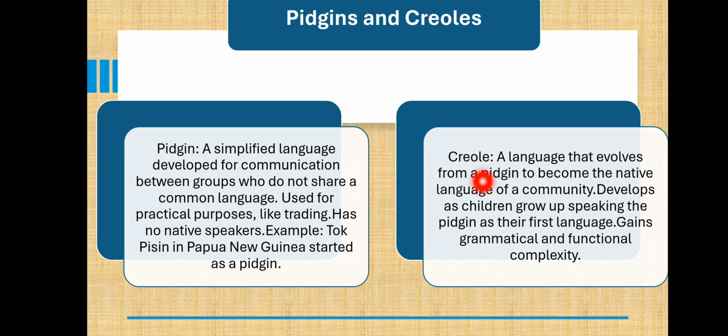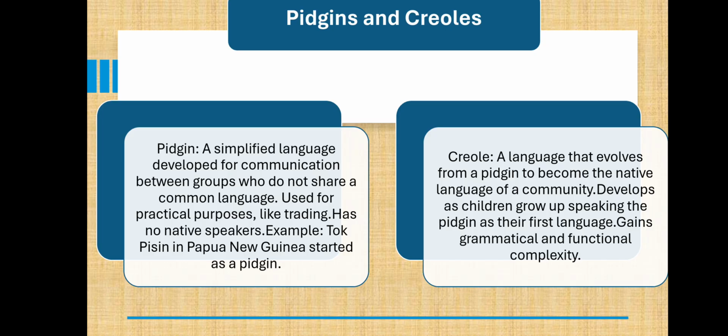Fine. Now, what is Creole? A language that evolves from pidgins to become the native language of a community. So when this pidgin language evolves, it develops, it becomes Creole, and it becomes the native language of the people. Because two groups were living in the past, and they developed a language for themselves which was very simplified and they used just for the sake of communication.